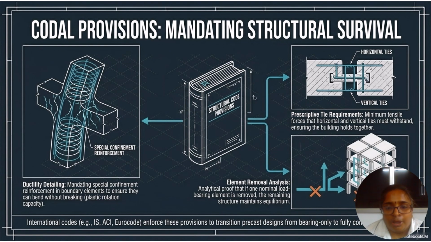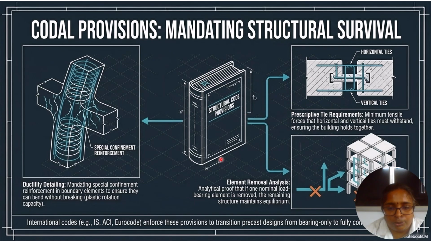The codal provisions which mandate structural survival start with ductility detailing, which is essential and mandatory: special confinement reinforcement in boundary elements to ensure they can bend without breaking, that is, plastic rotation capacity. The figure clearly shows special confinement reinforcement in ductile detailing helping the reinforcement bend without breaking.